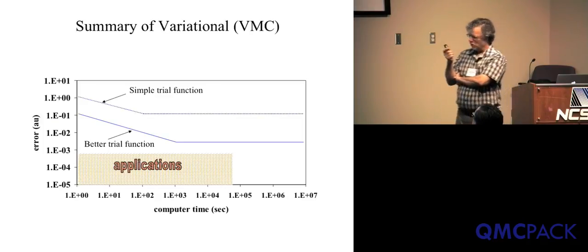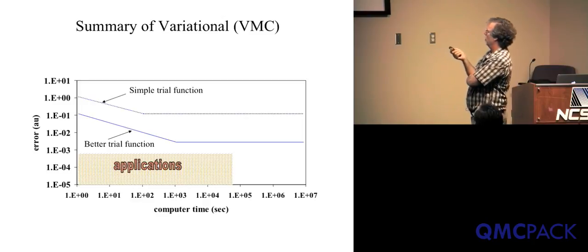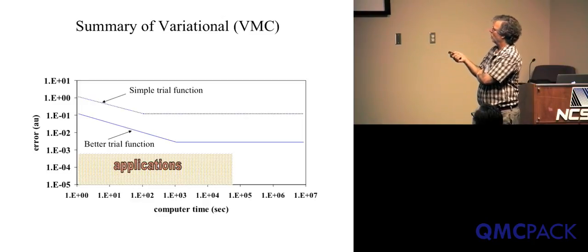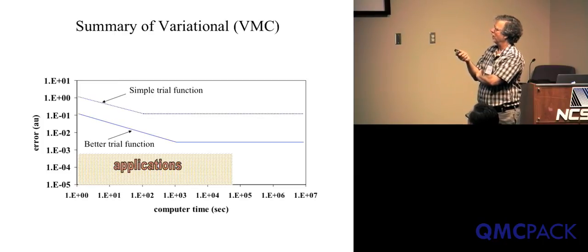This is a conceptual diagram, which is actually true for hydrogen. This is the log of computer time. So this is 1,000,000 seconds, in arbitrary units. This is the error in atomic units, and I combine together two things, statistical error and systematic error.